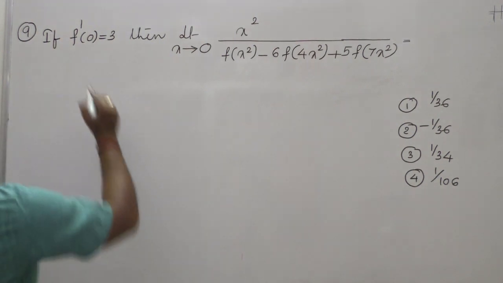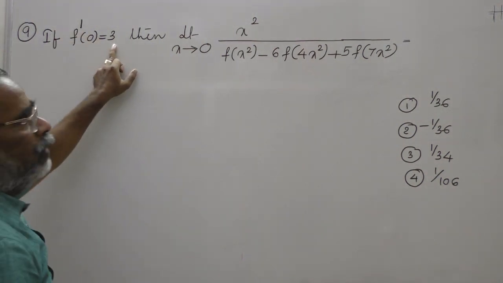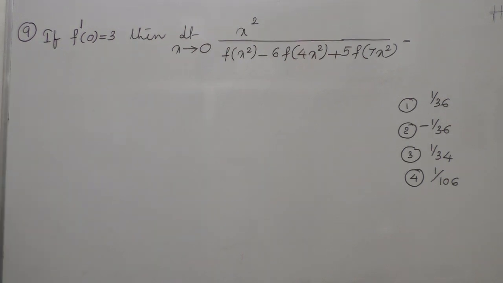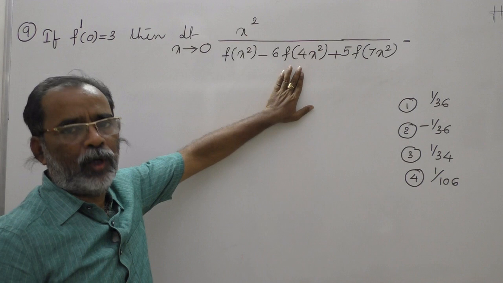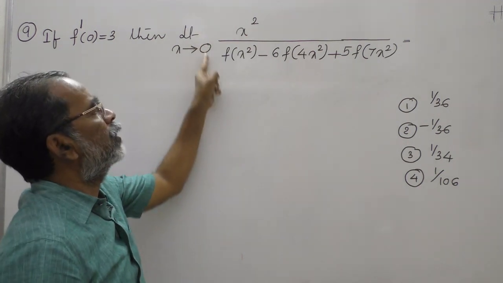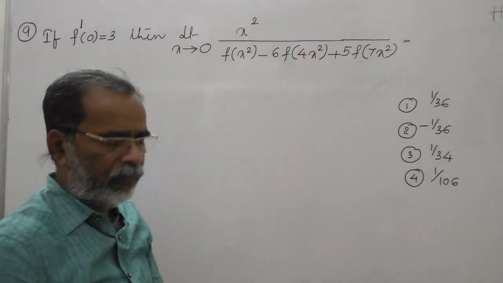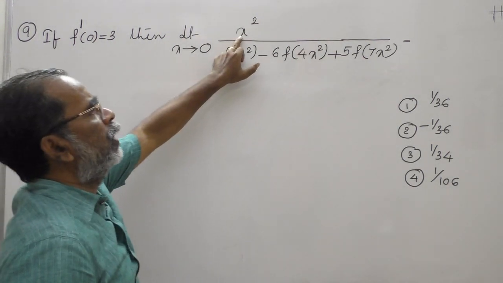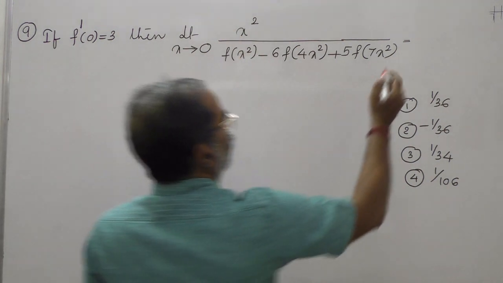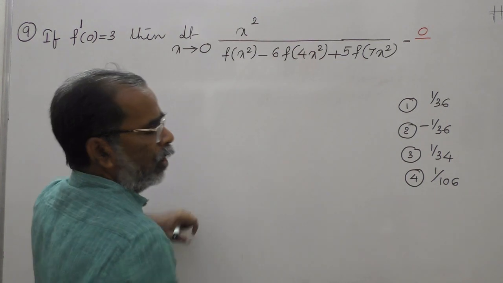Here f dash of 0, the derivative of f at 0, is given. Then what is the limit value of this? Limit as x tends to 0, x square by this. We will substitute the limit and see. If I put the limit here, x is 0, that means the numerator is 0. What about the denominator?